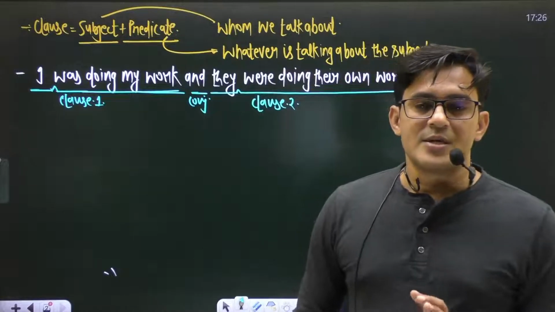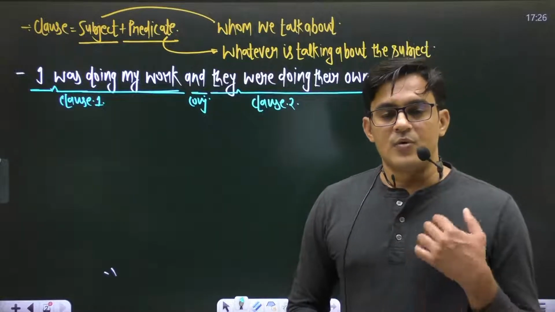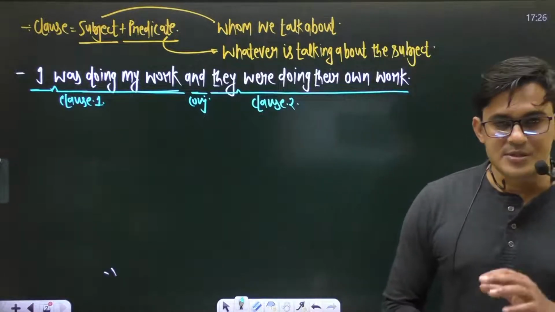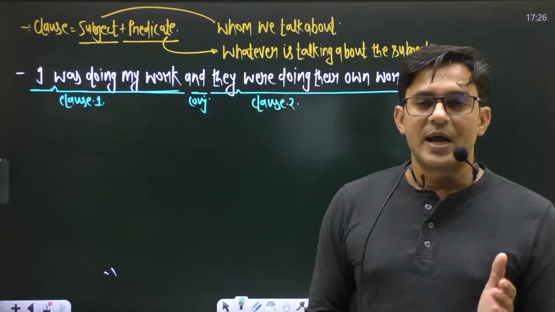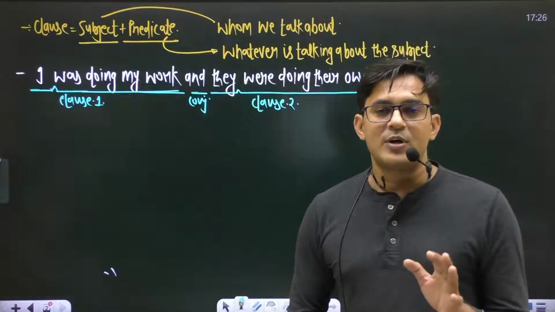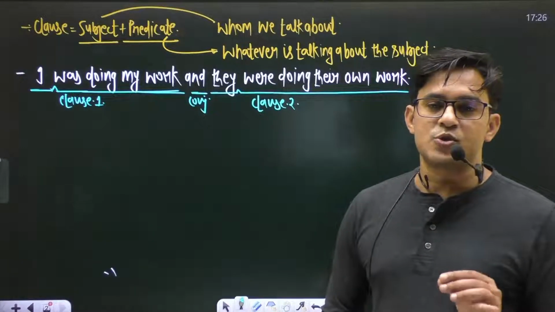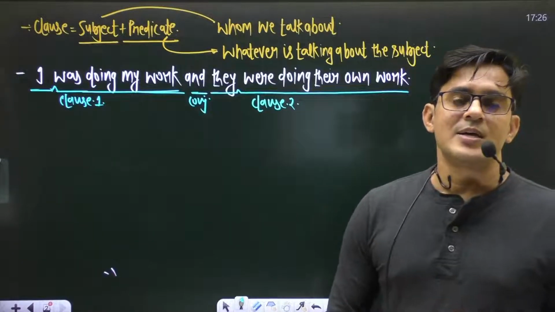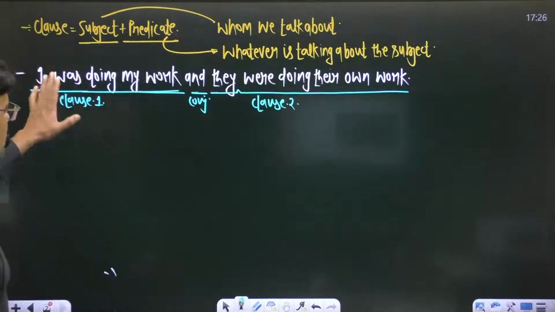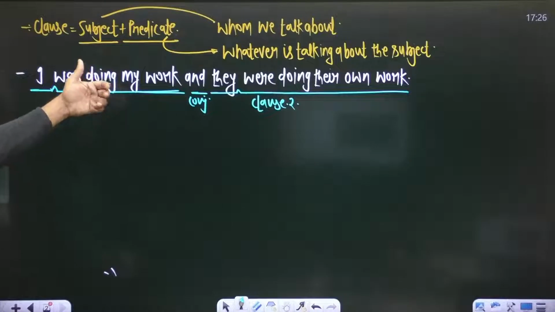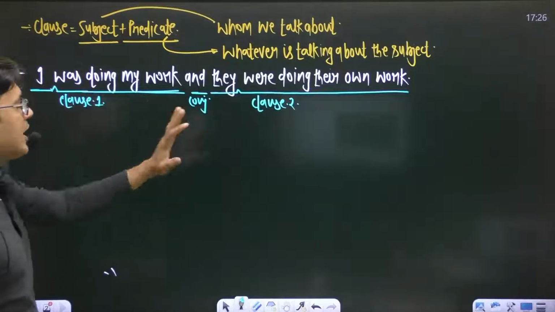Subject is something or someone whom we talk about, and the predicate is whatever is talking about the subject, and collectively subject plus predicate becomes a clause. So by this method I have proved how conjunction connects more than one clause.